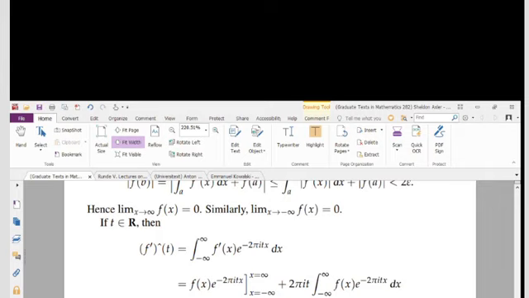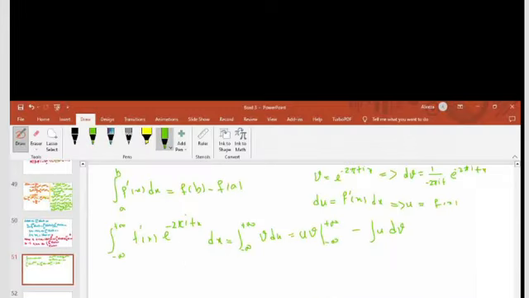So we must consider integration by parts. So we must write this multiplied by this.